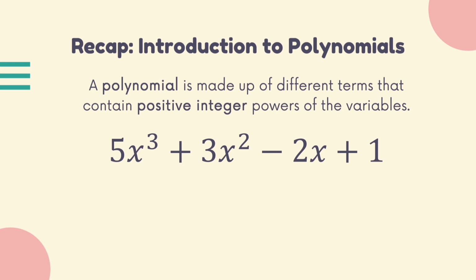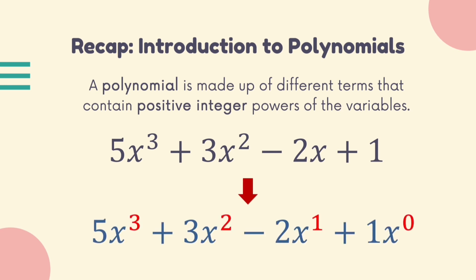We can think of this polynomial as 5x cubed plus 3x squared minus 2x raised to 1 plus 1x raised to 0. As you can see, the powers of x are decreasing from left to right. We have 3, 2, 1, and 0.